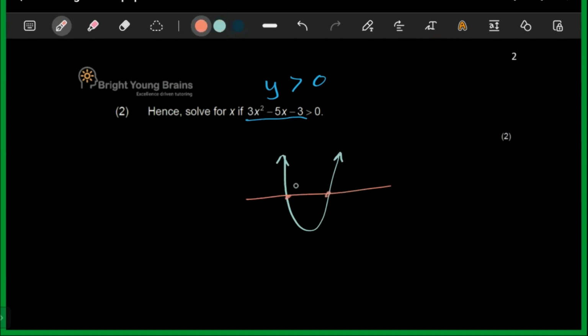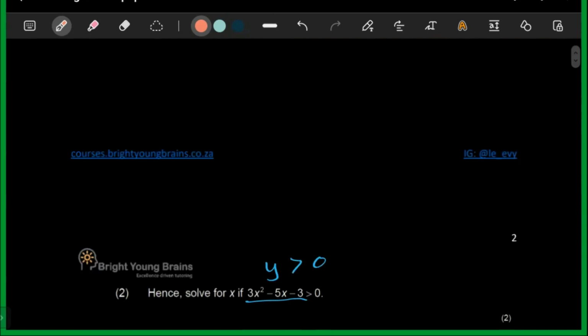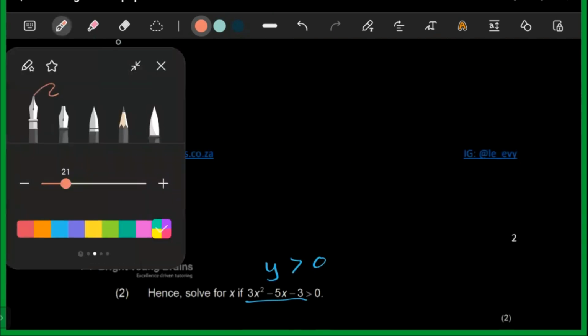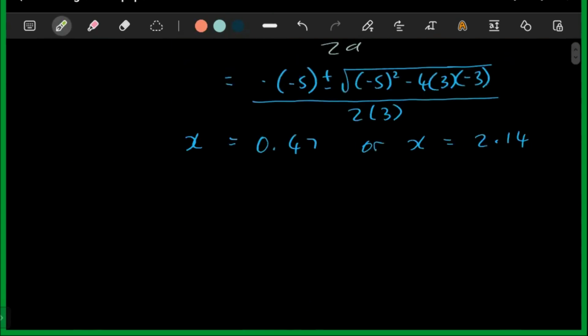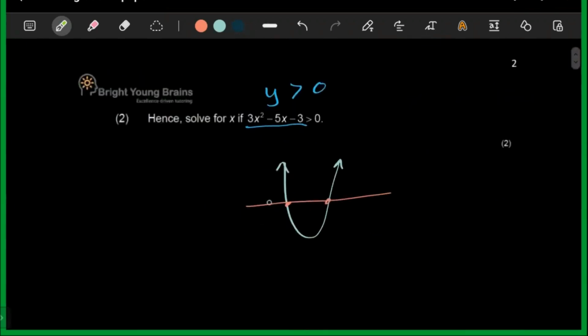What we do know is there are two intercepts. There's negative 0.47, and then the other one is 2.14.